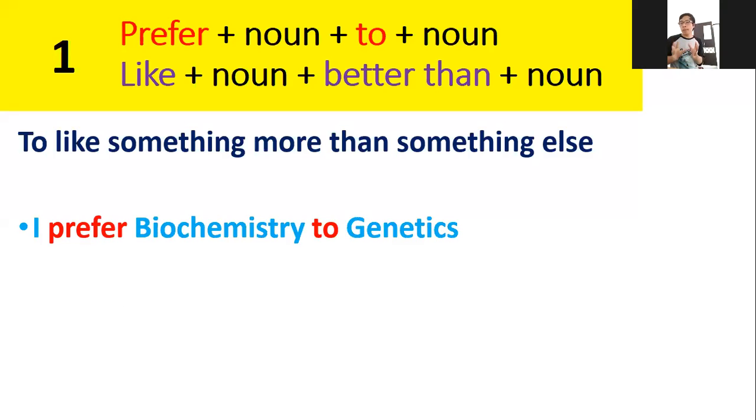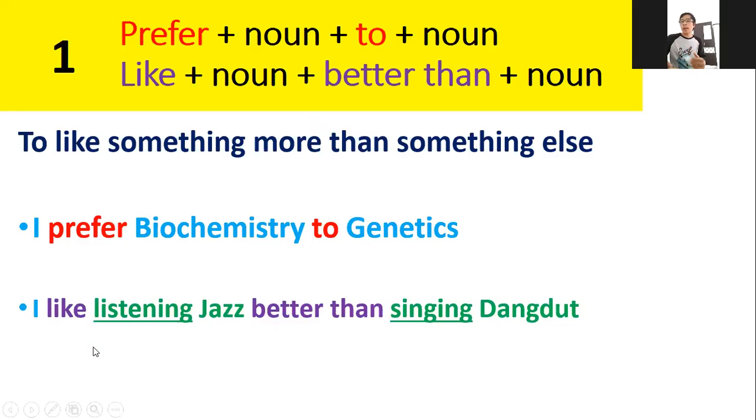So for example, I prefer biochemistry to genetics. Here, prefer is the verb, biochemistry is a noun, and then to genetics. You may also express it as: I like listening to jazz better than singing dangdut.